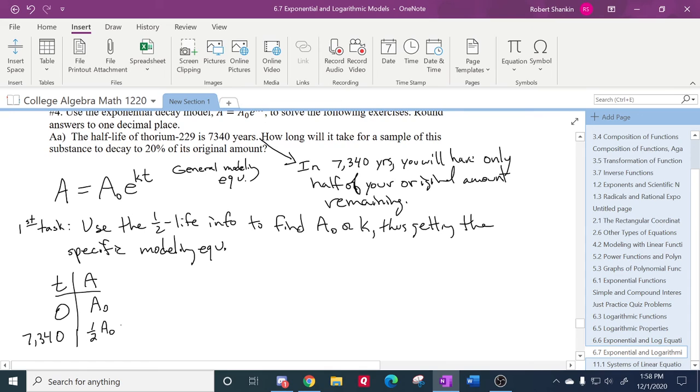All right, this one is telling us when t is equal to 7,340 years, a is equal to 1/2 of the original lot.